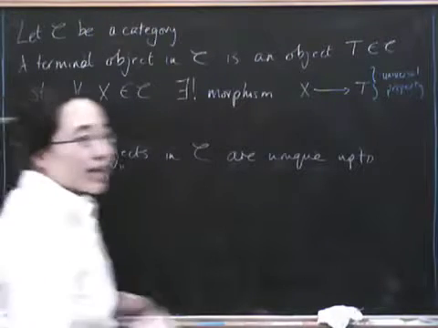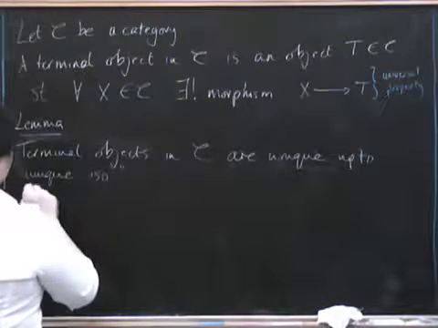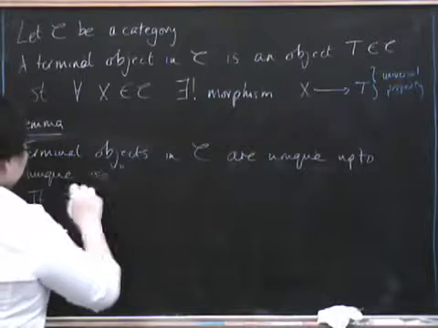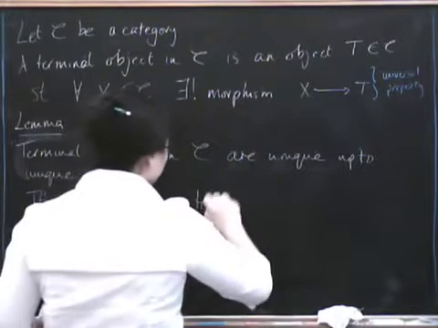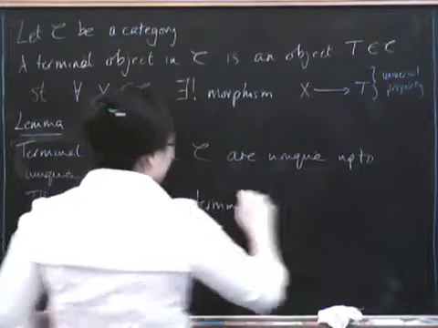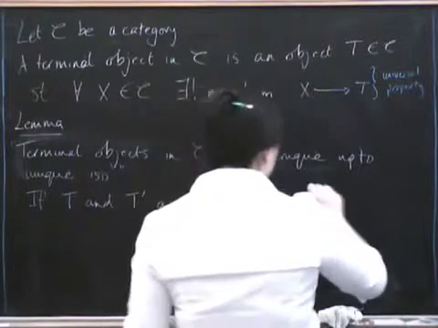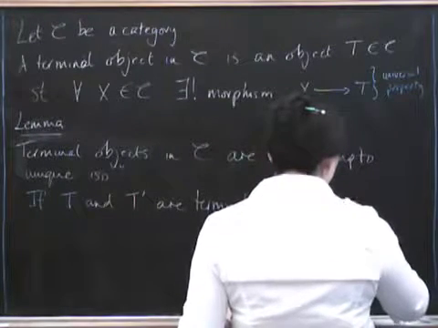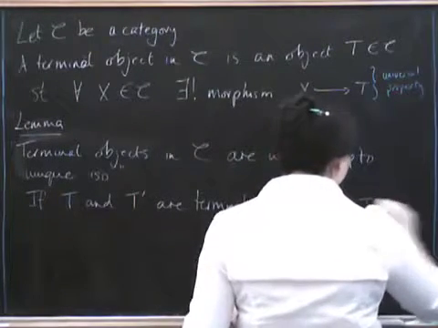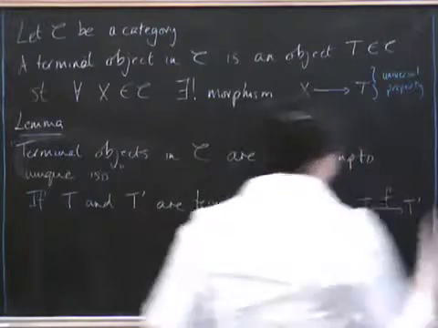So how do we say that literally? We say if T and T prime are terminal, then there exists a unique isomorphism T goes to T primed.